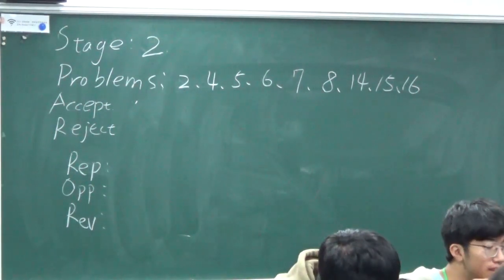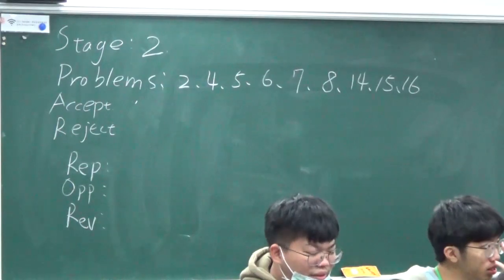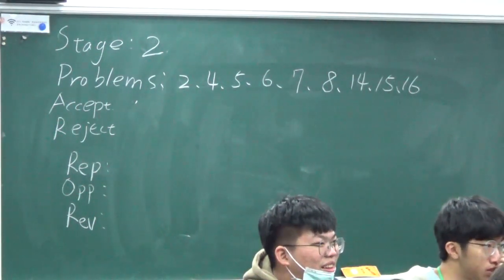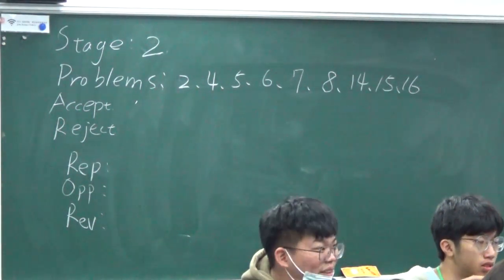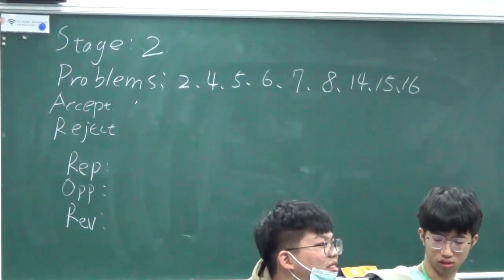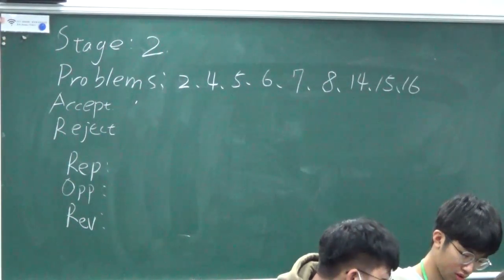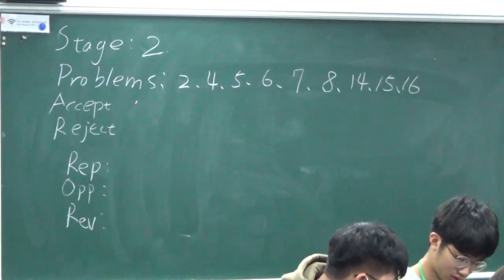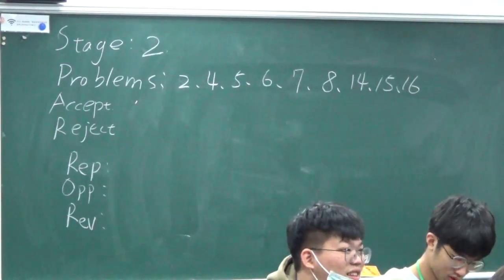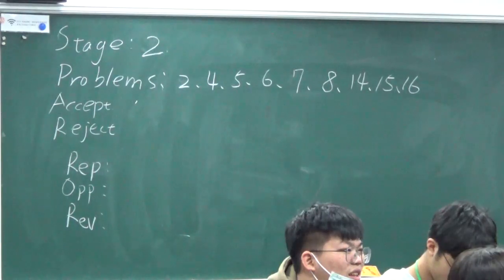Start the second flight. Okay, so the opponent will challenge the reporter for just one point in 1 minute. Okay, we are going to challenge the ping pong rocket. Which number? Number 5.